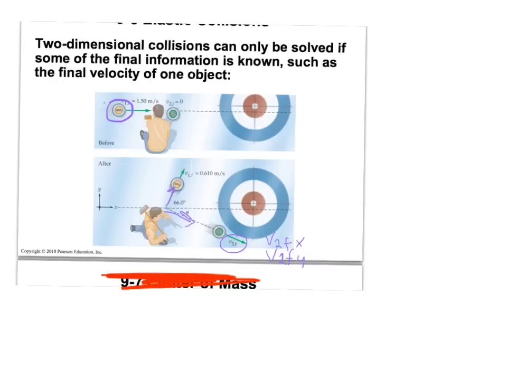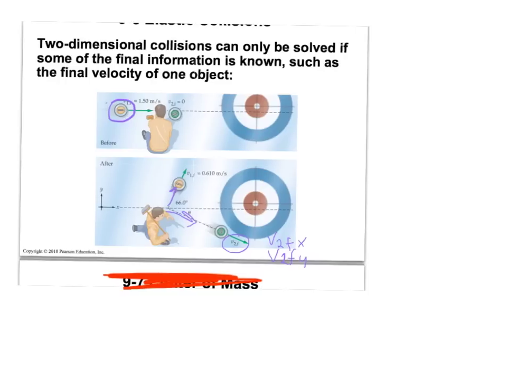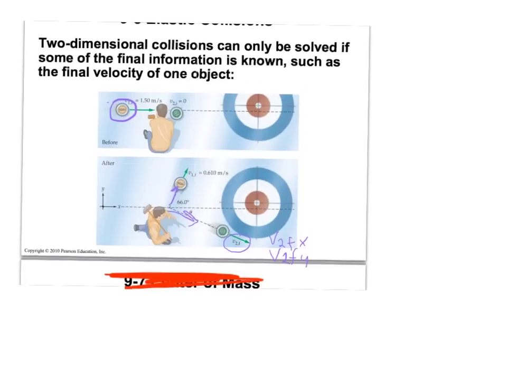Well, the problem tells me that the velocity of object 1 is 1.5 meters per second. And let's go ahead and assume we know the mass of these objects. Let's say that the mass of both objects is 7 kilograms.